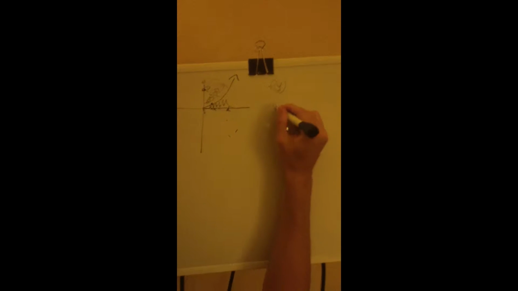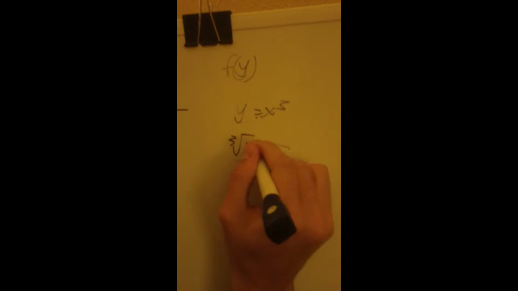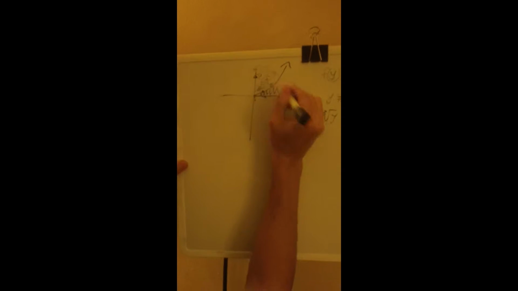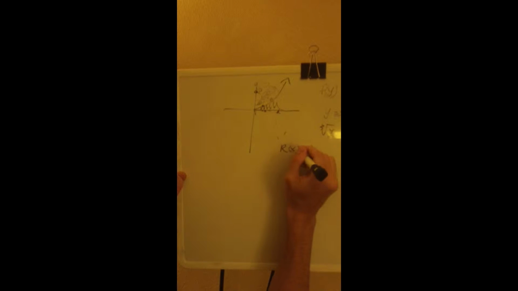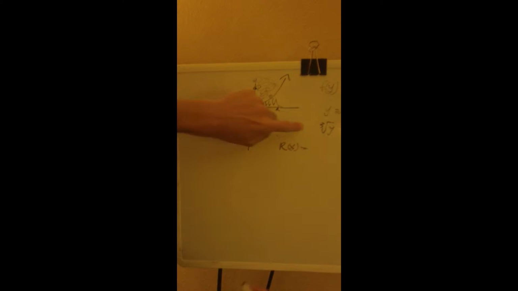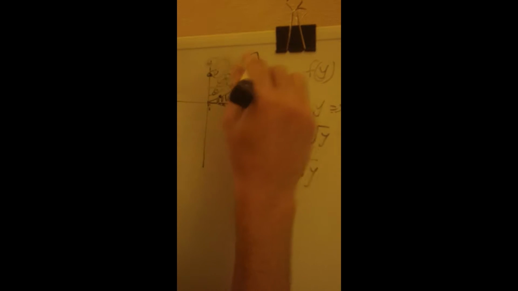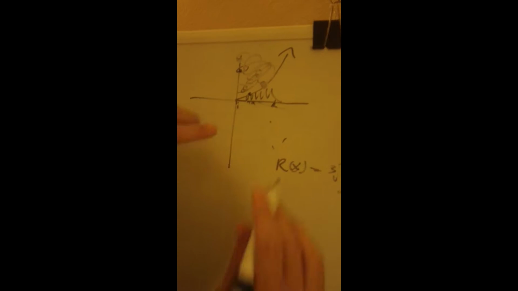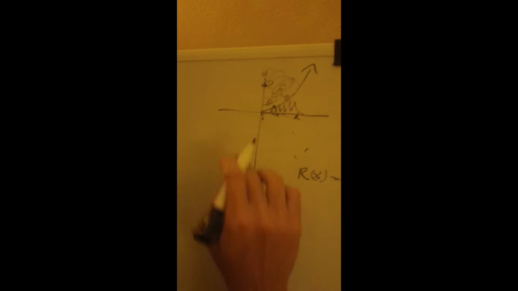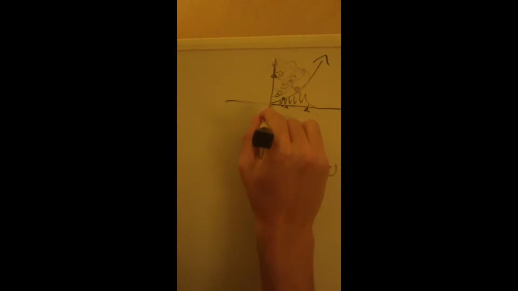So if this was y equals x cubed, now it's the cube root of y equals x. The height, or the r of x value, is going to be the cube root of y minus, so the right-handed function, I guess you could call it, minus 0, or whatever the function is on the left, minus 0.